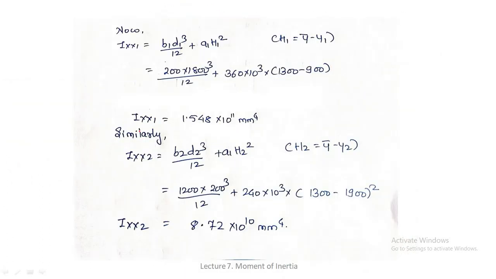So Ixx1 will be equal to b1 d1 cube upon 12, because this is the moment of inertia of a rectangular section about its horizontal central axis, plus a1 h1 square.